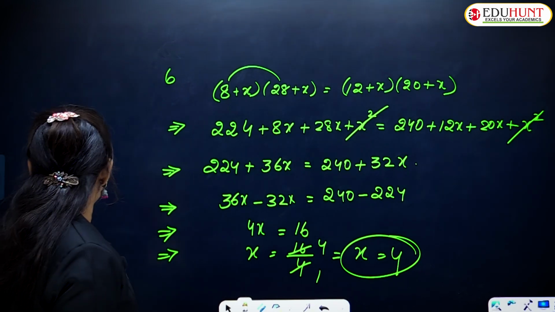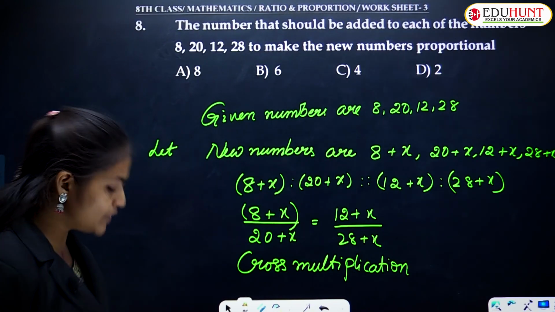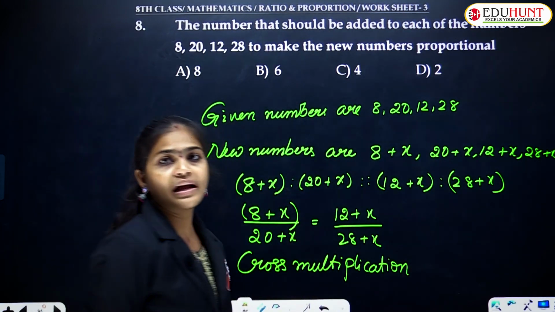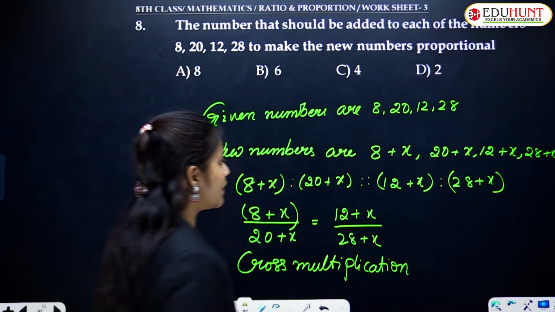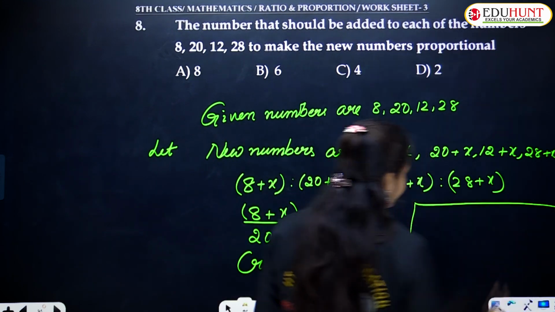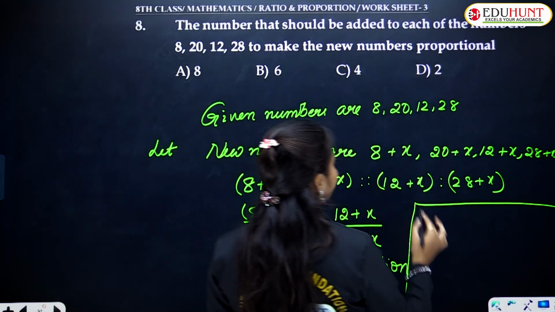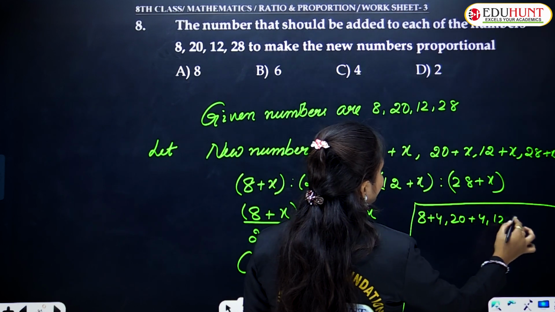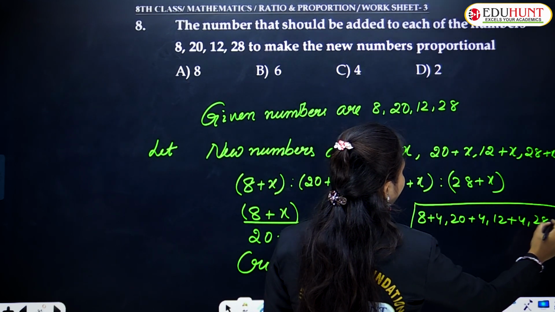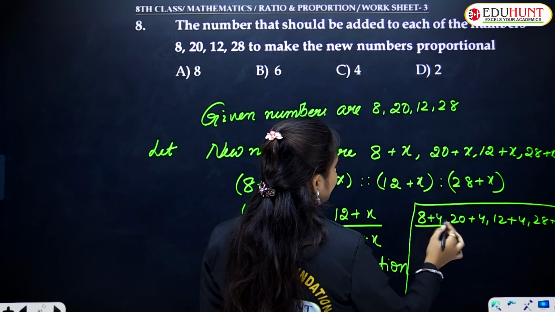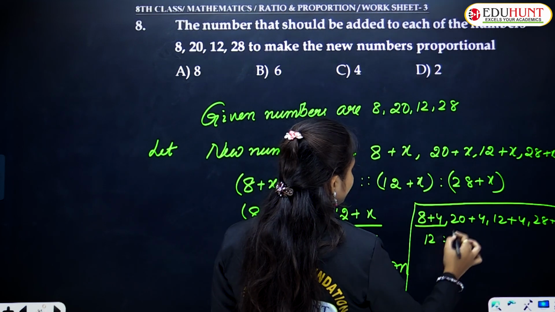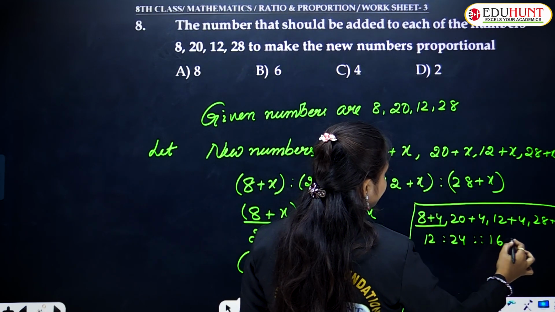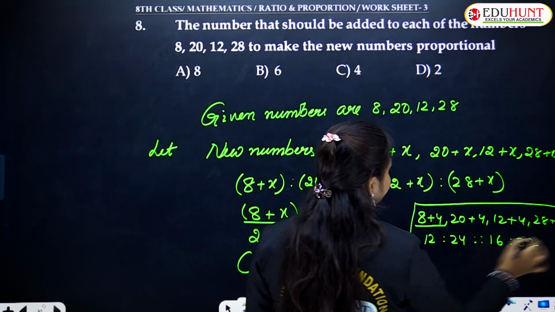Understand? They are asking what is the value of x, which number we have to add to all the 4 numbers to make them proportional. So x is equal to 4, right? Just add that 4 here. 8 plus 4, 20 plus 4, 12 plus 4, 28 plus 4, which is 12 is to 24 as 16 is to 32.